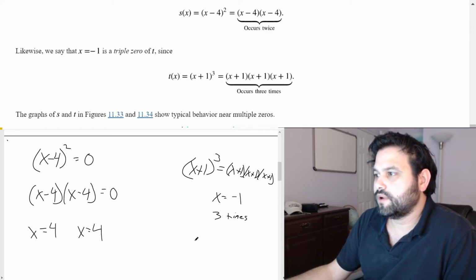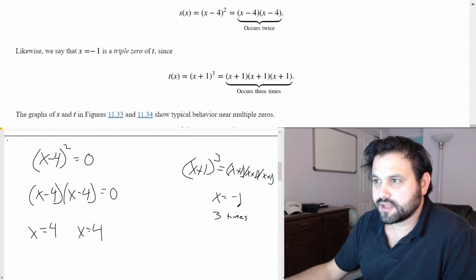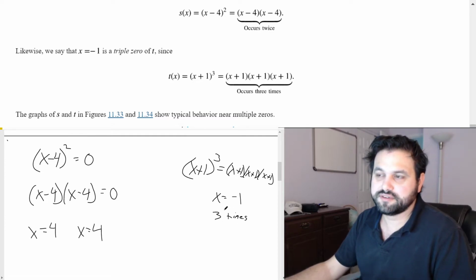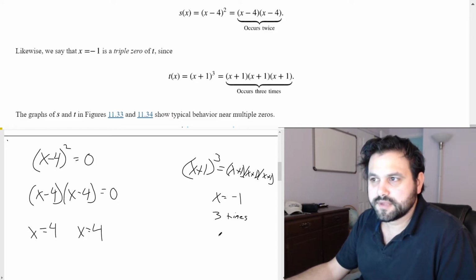And what happens is we get a little bit different behavior in the graph when that happens, because even though the zero is at negative 1, this function x plus 1 cubed is not the same as just x plus 1, right? It's very different.